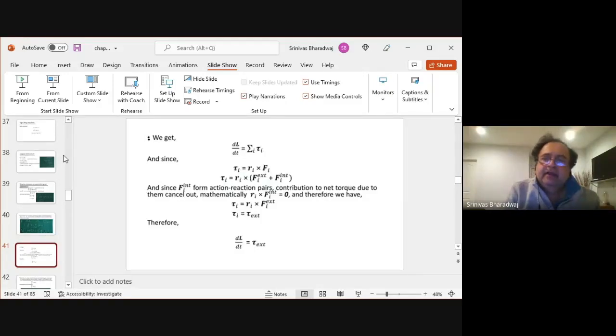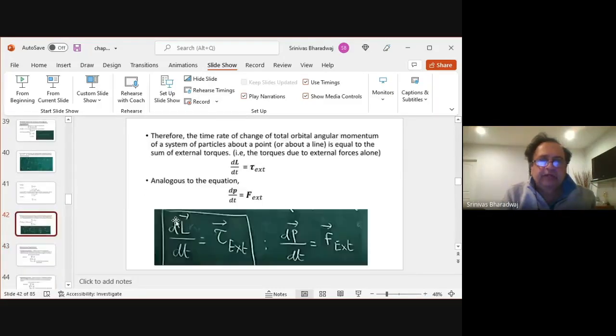Okay, but I've dealt with all the basic quantities in rotation except moment of inertia. Moment of inertia is just the integral of r square dm, but I will deal with that in the next class, because if I pump you with too much information, you will not follow all these details.